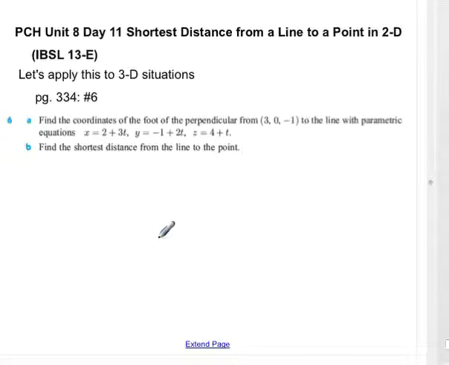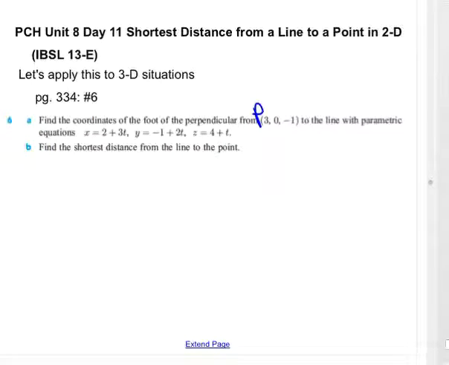All right, so let's think about this for a moment. What did we do first when we had a line and we wanted to get the shortest distance? We wanted to find that perpendicular. Okay, here's our point. What did we do first? Come on, look at your notes from yesterday if you don't remember.